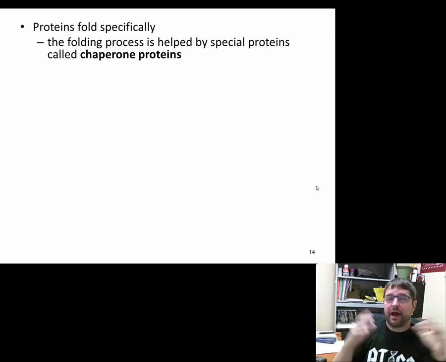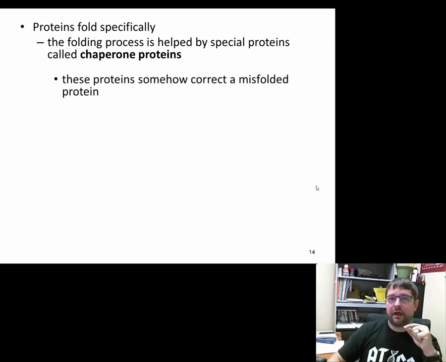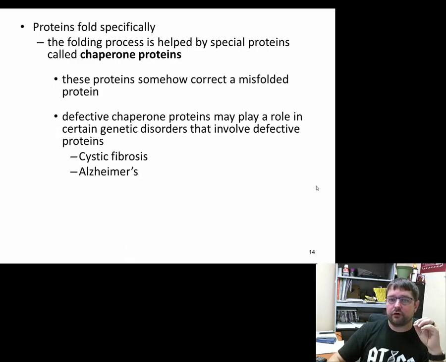How they fold it correctly, we don't know. And that's really a very important piece to a lot of research that could be done on things like cystic fibrosis, which is a lung disorder that's caused by two recessive alleles, and it's caused by the misfolding or defective chaperone proteins.